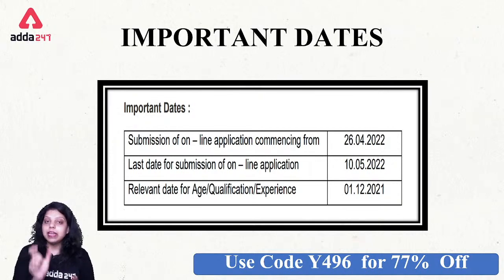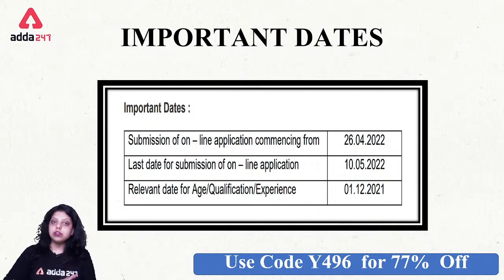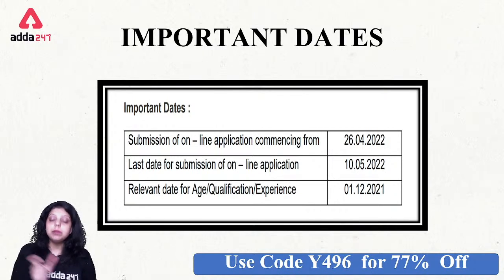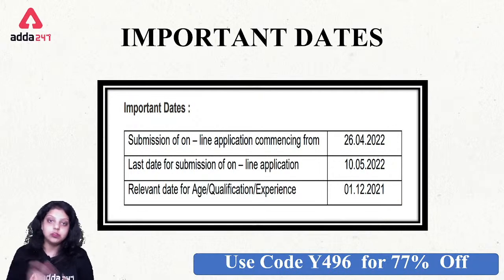So when it comes to age criteria, educational qualification criteria, and experience criteria, the date given to you is 1st of December 2021. As per 1st of December 2021, you have to fulfill the criteria of age, qualification and experience. So remember, this date is very important. According to this, you will be eligible or not eligible for this particular vacancy.